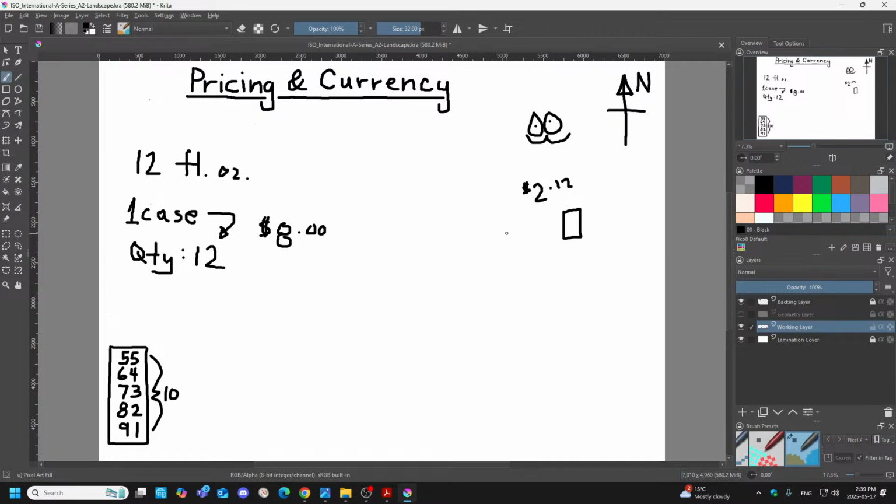Pricing is getting ridiculous too, and I don't want to go off on a tangent here, but yeah.